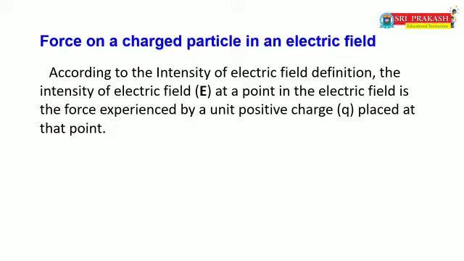Similarly, the intensity of electric field at a particular point is the force experienced by one unit positive charge placed at that point. So here one unit positive charge we are taking as a reference, which we indicate with charge Q.